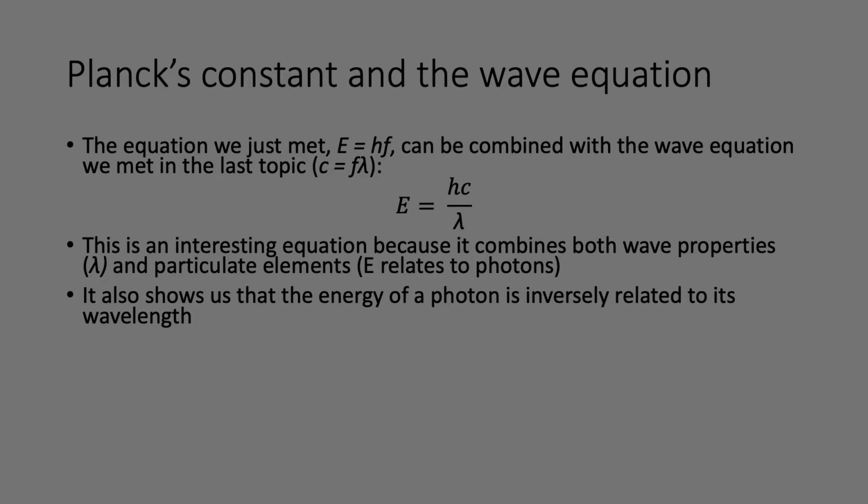And it also shows us that the energy of a photon is proportional to 1 over the wavelength. So EM radiation with the longest wavelength has got the lowest energy, so radio waves, for example, whereas a short wavelength, high frequency EM radiation has got the highest energy.